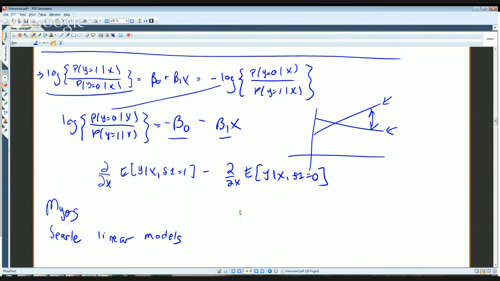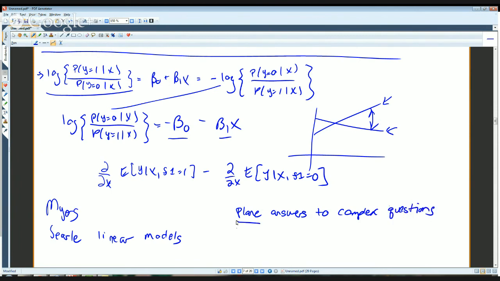Let's see, and then there's this book with this kind of punny title called Plain Answers to Complex Questions. You should look at this one just for the title, by Christensen, that I like quite a bit.